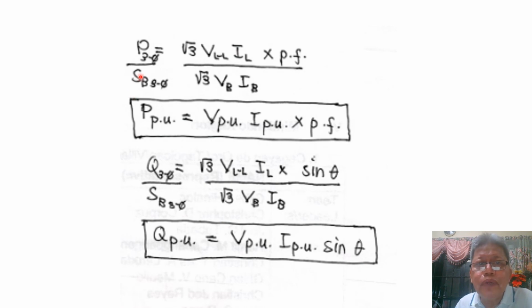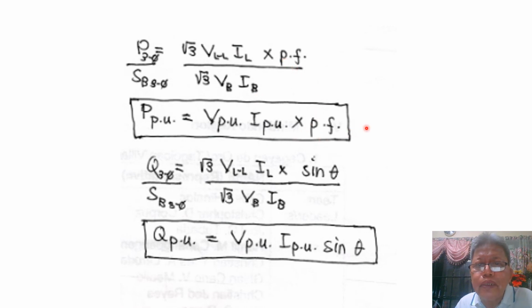Now, we are also familiar with the formula of three-phase power as square root of 3 times the line-to-line voltage times the line current times the power factor. So when we divide this by the base apparent power, three-phase, at the left we have power per unit, and then at the right, square root of 3 just cancels, then line-to-line voltage over voltage base is V PU, and line current over I base is equal to I PU, then we have the power factor.